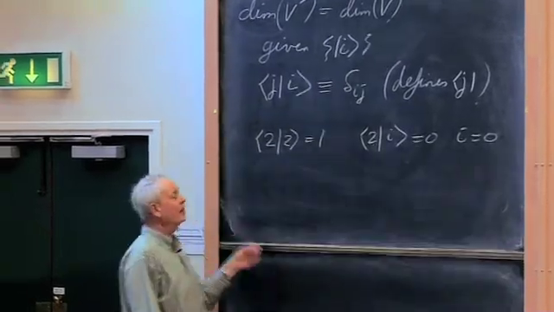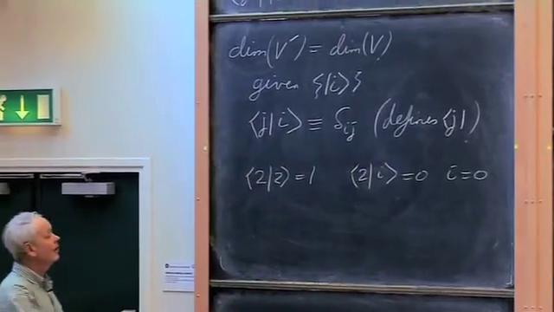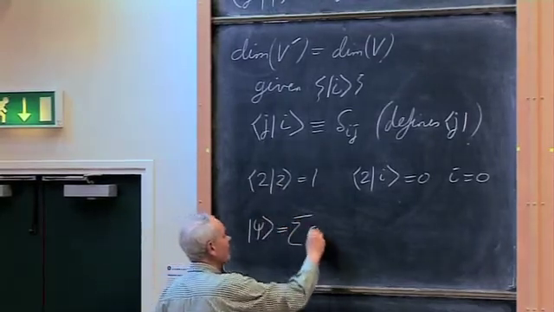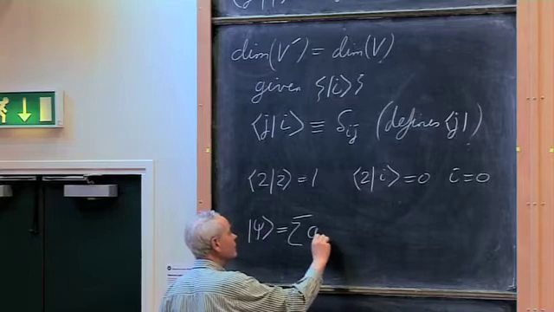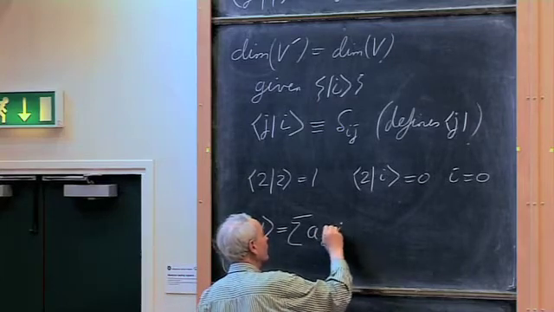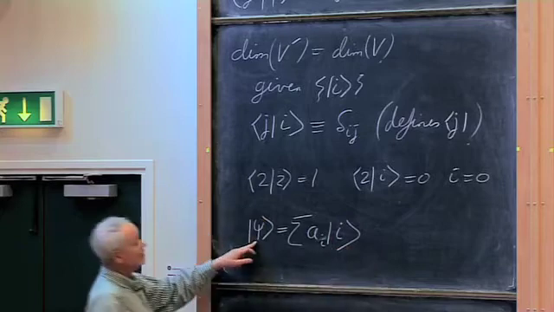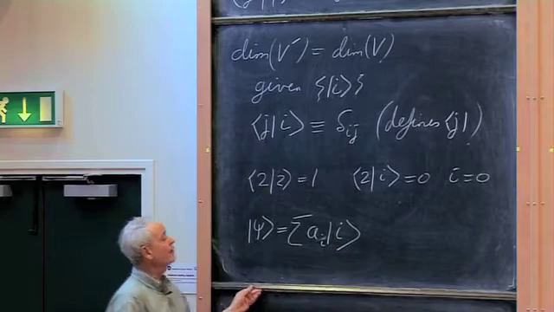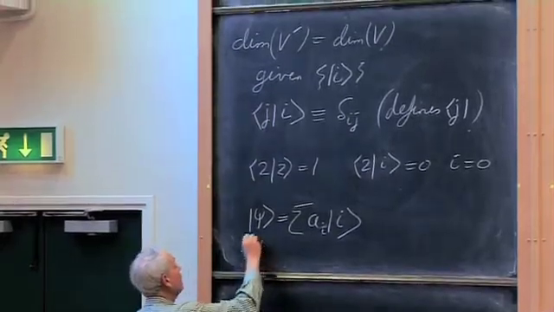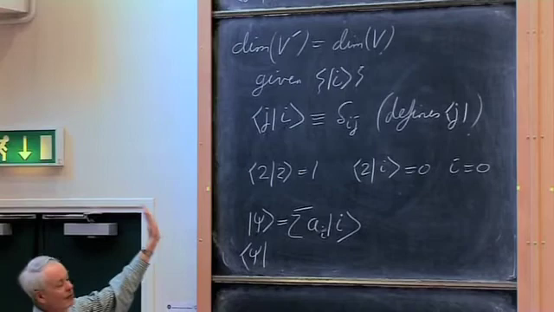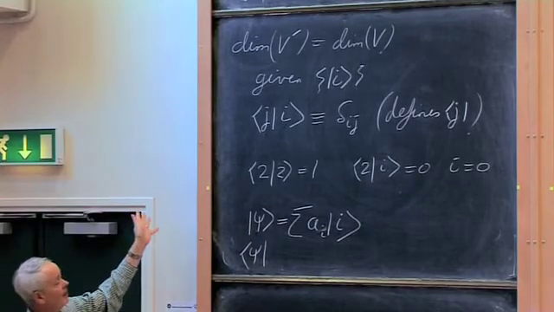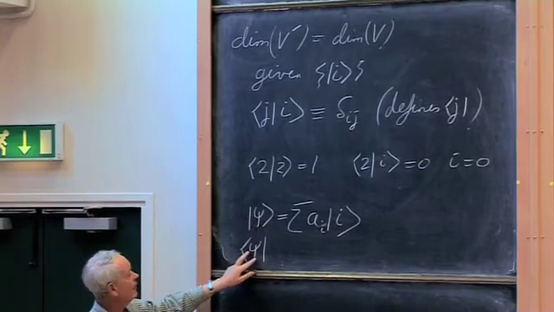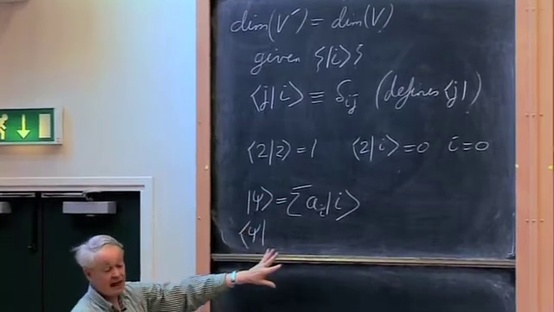So there's one final thing that we want to do in this abstract area. We want to say, supposing that |psi> is equal to the sum of a_i |i>, so we take a state of our system, and we have it as a linear combination of the basis states. Then we define a function. This is the funny part, right? So far, I hope everything's been fairly straightforward. But now I'm saying, associated with the state of our system, I want to define a function on states.